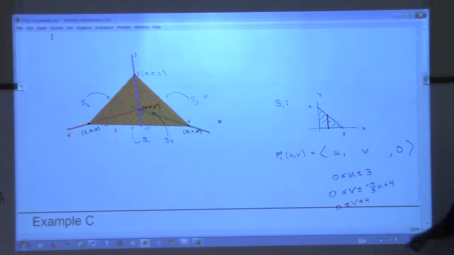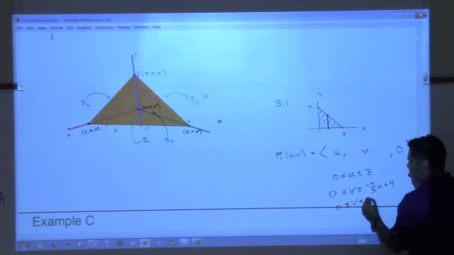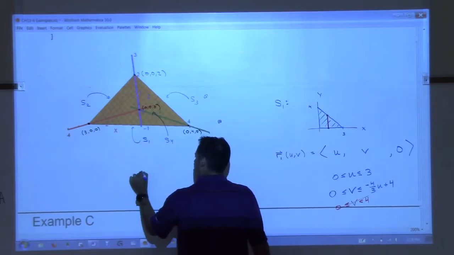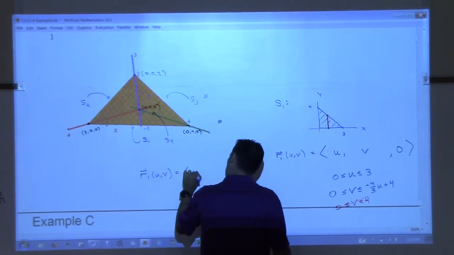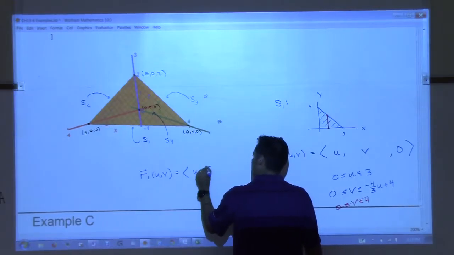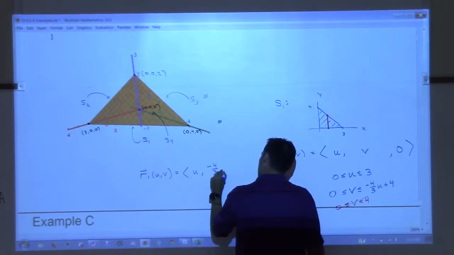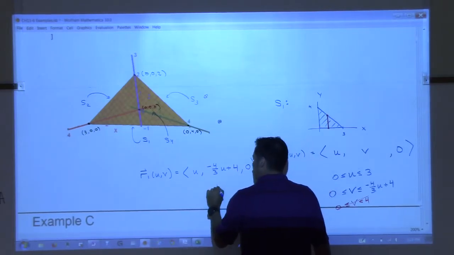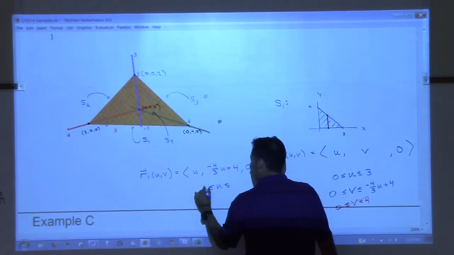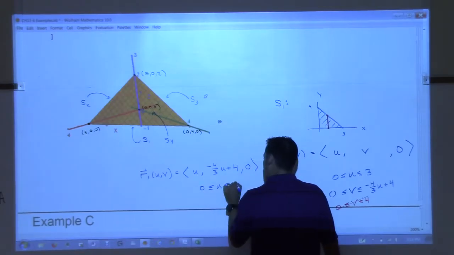That doesn't work, right? Okay, what other things do I see? What if someone did this? They said, u is u. This is negative 4/3 u plus 4, 0. And they said that u is between 0 and 3.